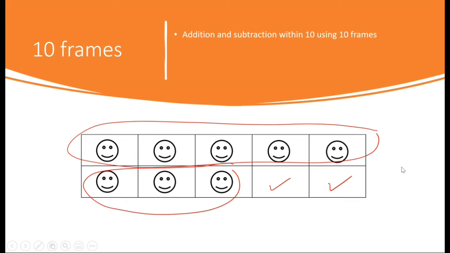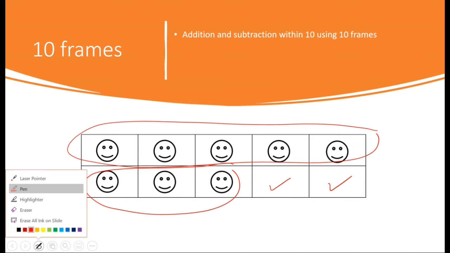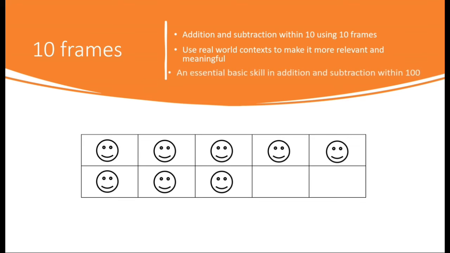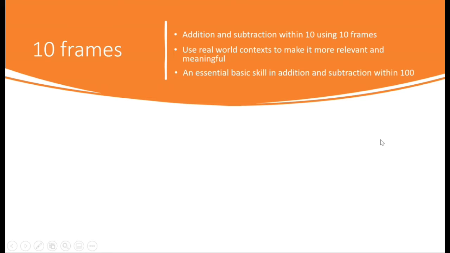When you are doing this activity with your child, it will be advisable for you to use real-world context to make it more relevant and meaningful for them. As I said previously, 10 frames is an essential basic skill in addition and subtraction within 100. So let's take a look at an example. If we are trying to do 9 add 6, doing the normal addition is not too difficult, but it's just going to take a little bit more time.